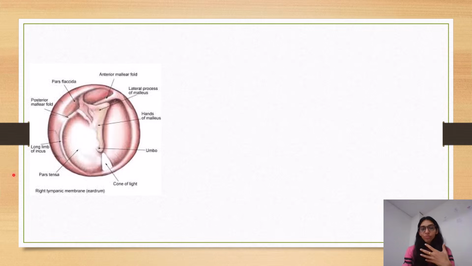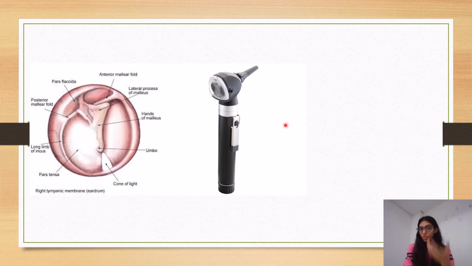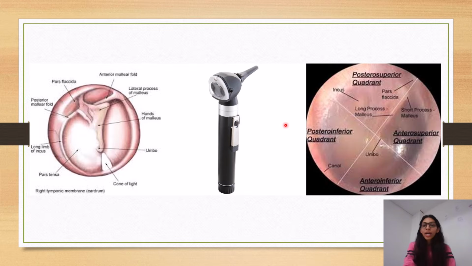And an otoscope is an instrument which helps us to view the tympanic membrane or the ear canal, okay? When you look through an otoscope, this is how you might be seeing the tympanic membrane. There is a prominent portion here, which is the umbo.